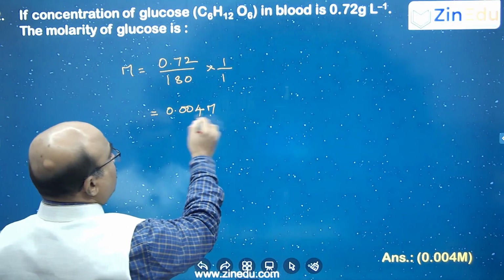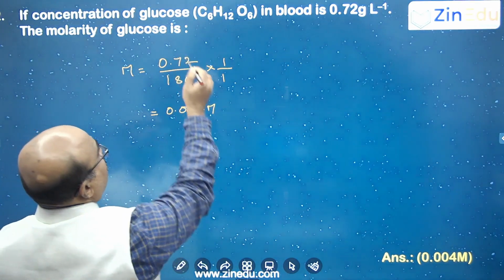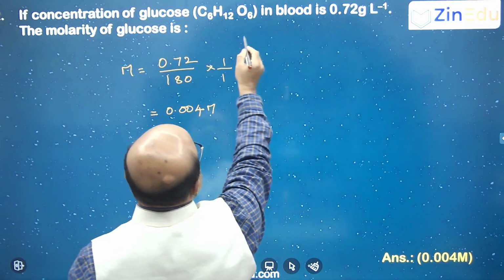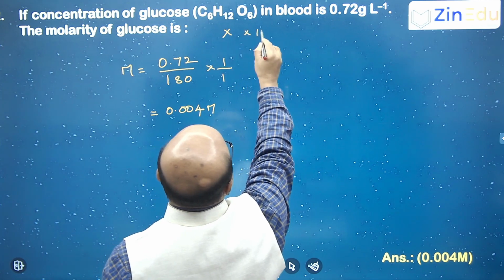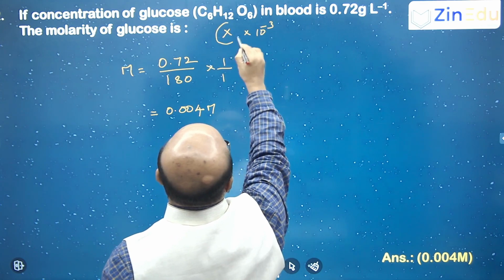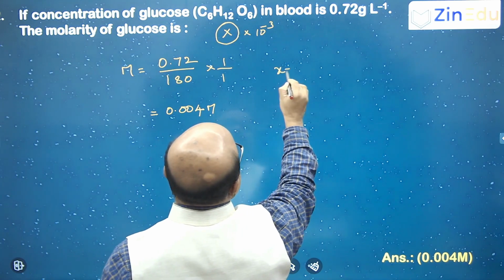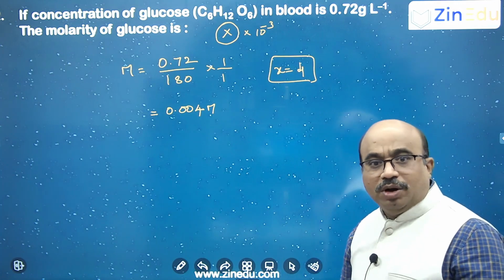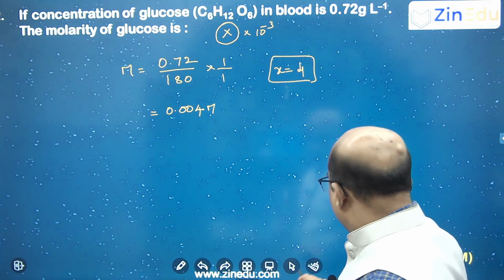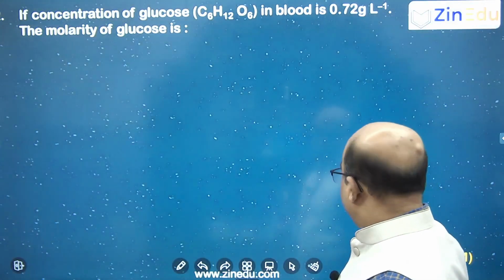It is given as a numerical question: the value of molarity is x into 10 to the power of minus 3. What is the value of x? So the x value is 4. A simple problem just based on the fundamental formulas. Clear?